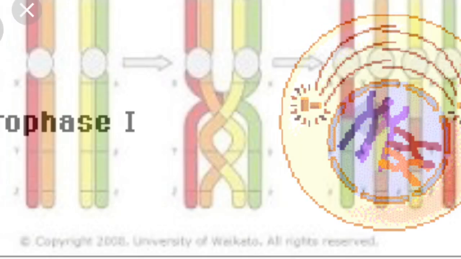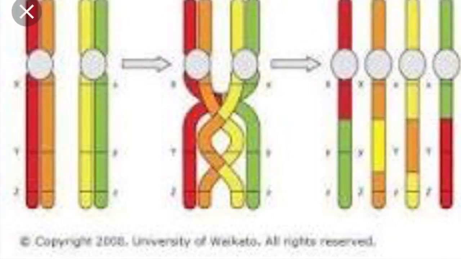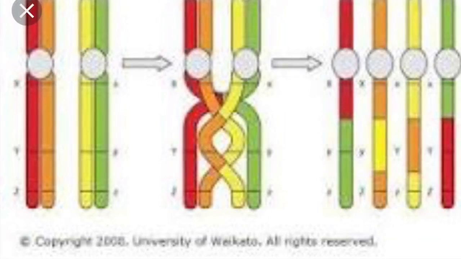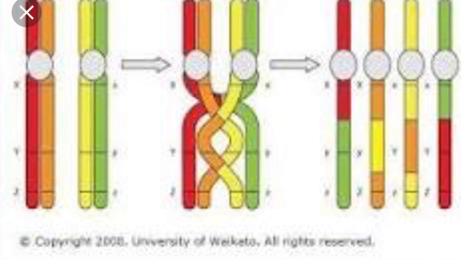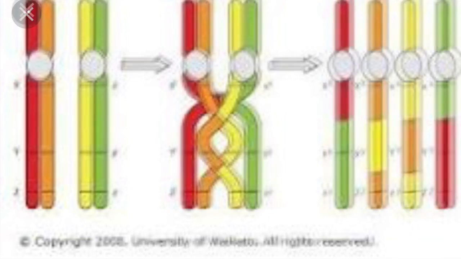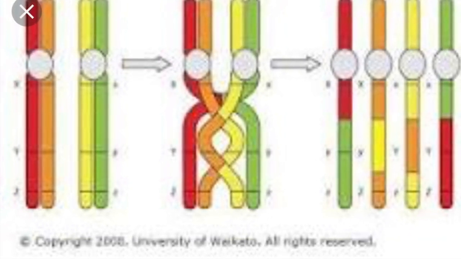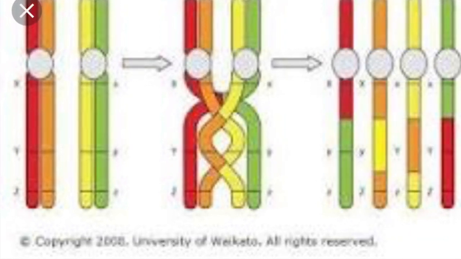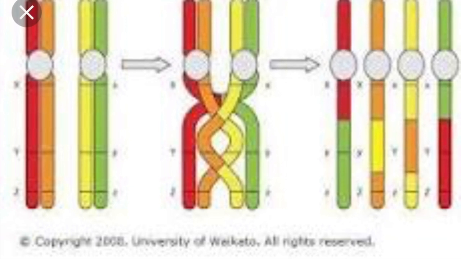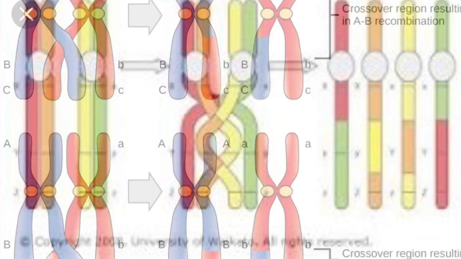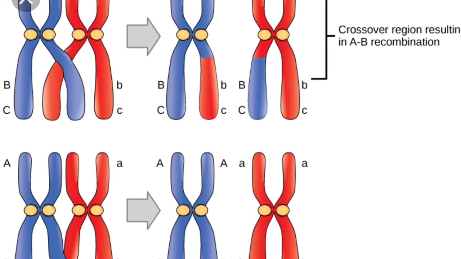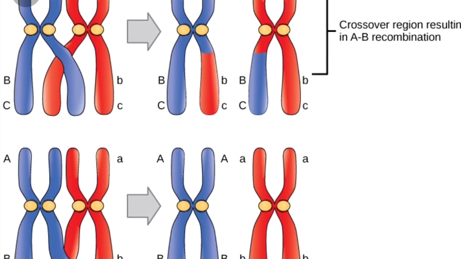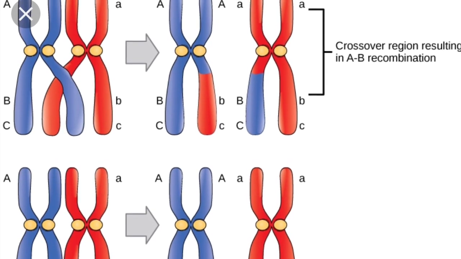What actually happens during prophase 1 is something called crossing over. Crossing over is an event that happens between chromosomes in which they actually touch each other, and when they touch each other, they exchange genetic material. They change the genetic material in such a way that it causes some variety in how we look, how we appear.